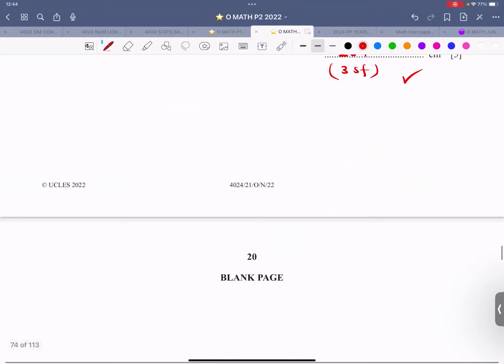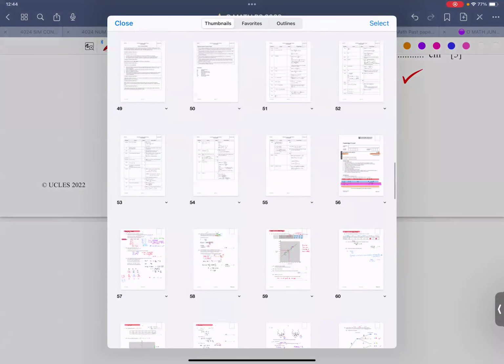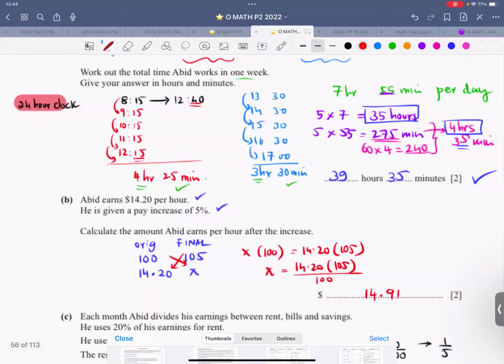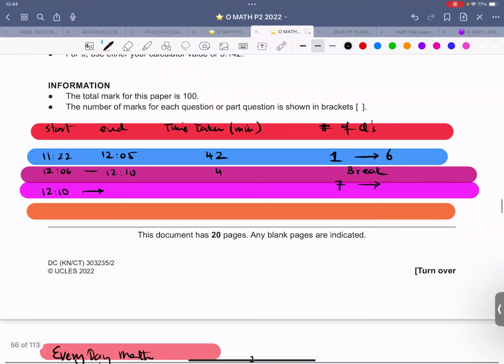So that completes the paper. It's 12:44. That is 34 minutes from question number 7 all the way till question number 11. So 42 and 34 is 76 minutes, with a 4-minute break, which is perfectly normal.